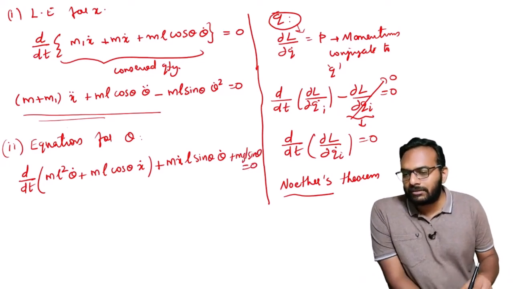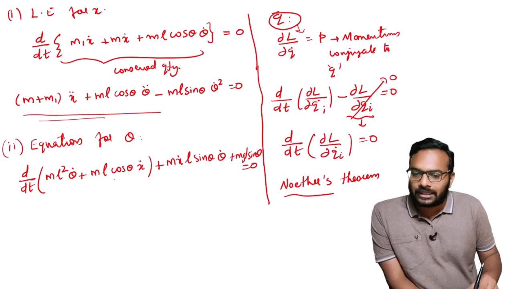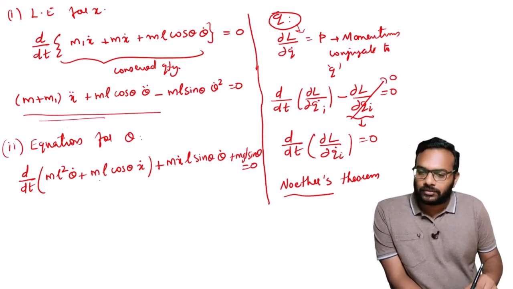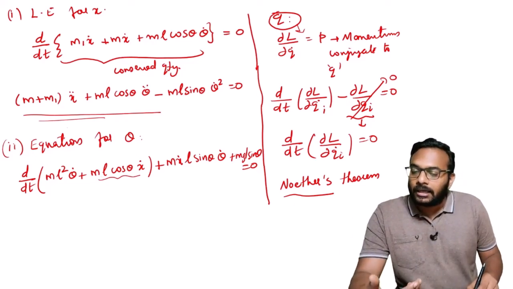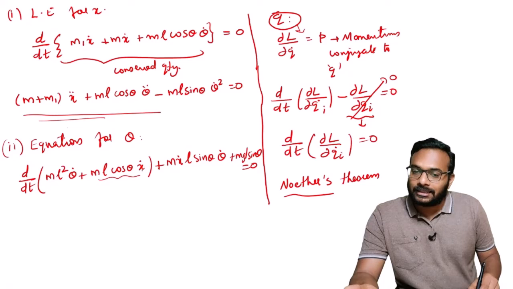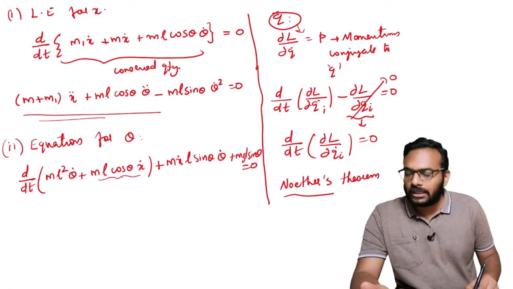Now if you take the derivative here, you will get another term, minus mẋ L sinθ θ̇, and they will get cancelled. You will have to use the product rule there.